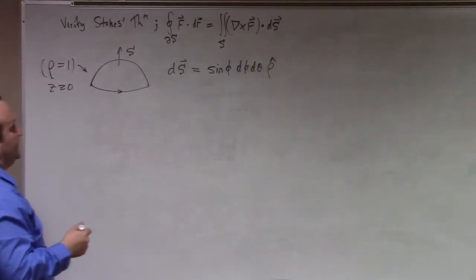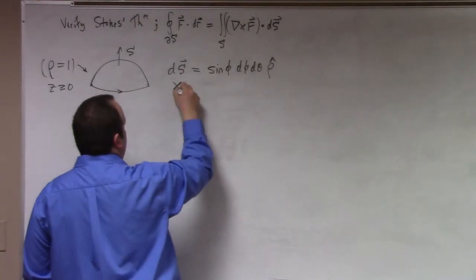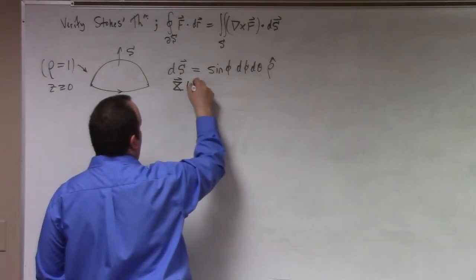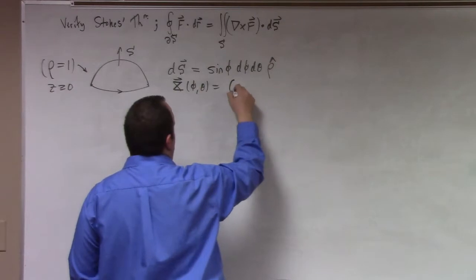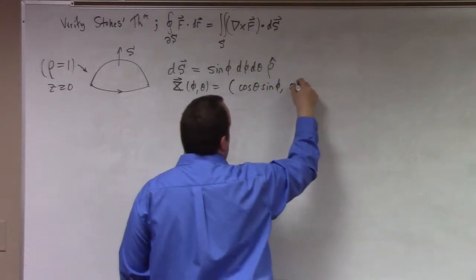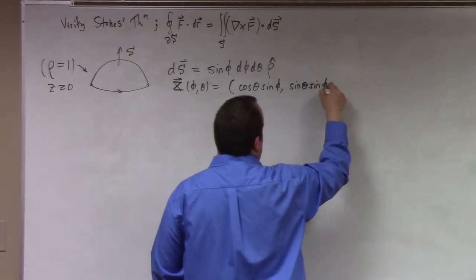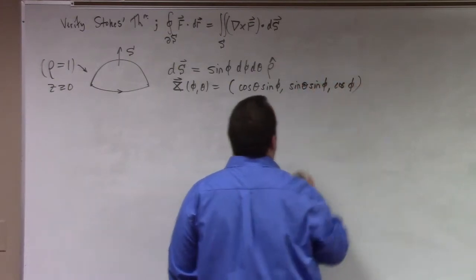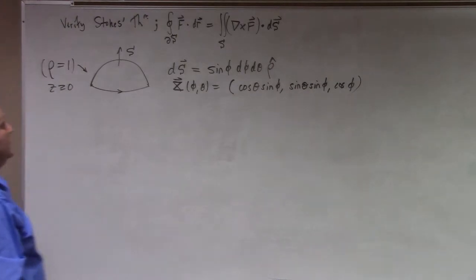Right? And the parameterization is what? We've written this a few times: cosine theta sine phi, sine theta sine phi, cosine phi. That's the parameterization I need to think about.